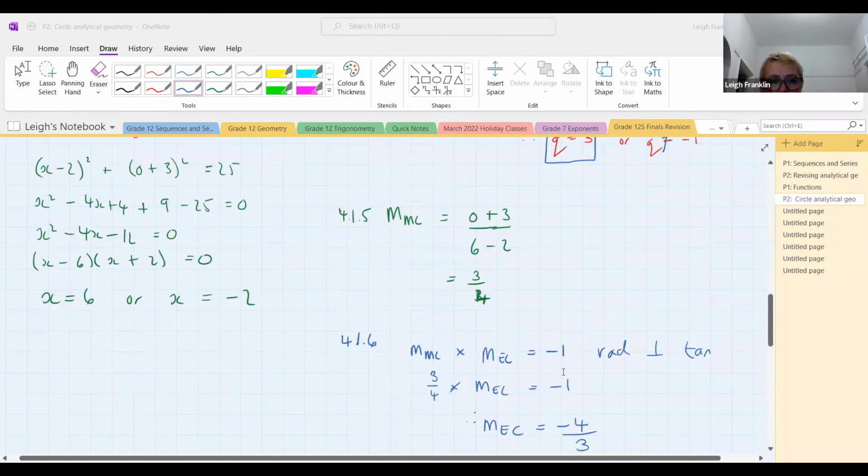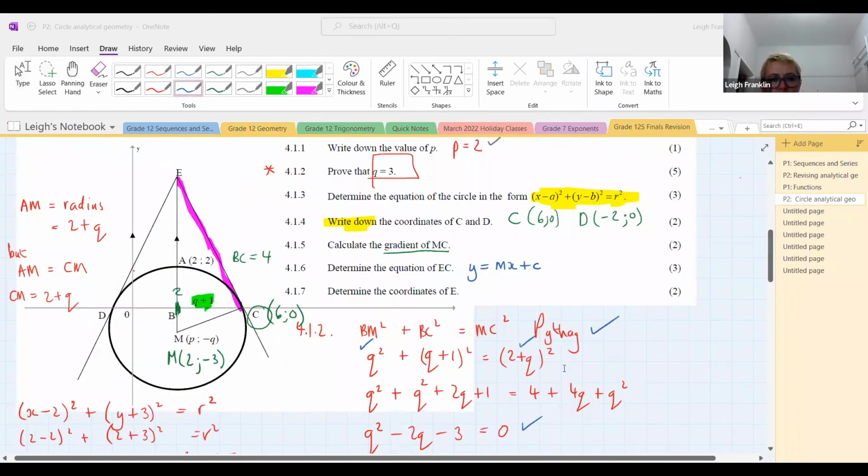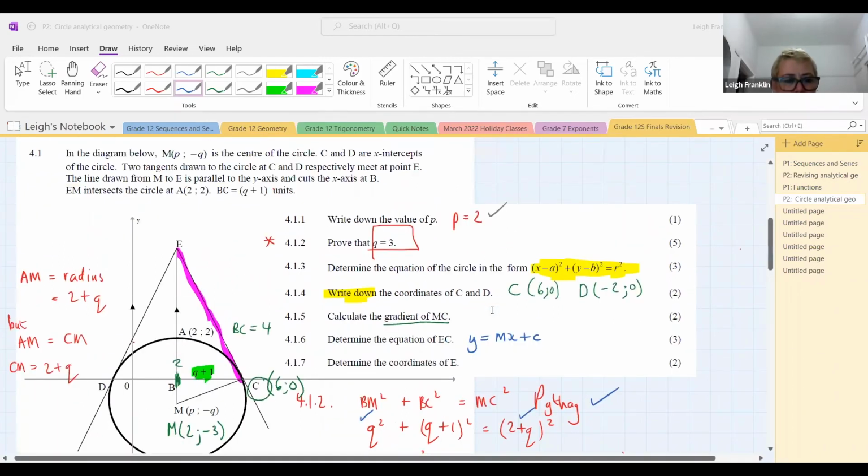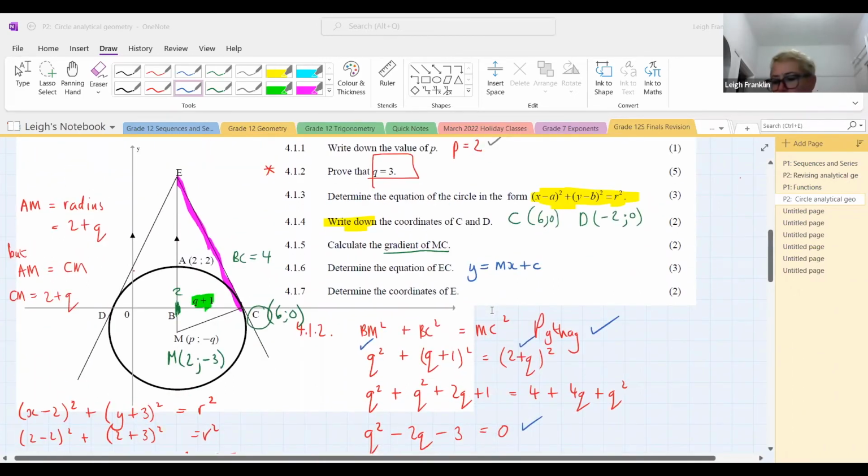So there we go. We've done 4.1.6, the equation of EC in the form y equals mx plus c. Okay, the last question here that they want us to do is the coordinates at E. Remember, E represents a point of intersection.